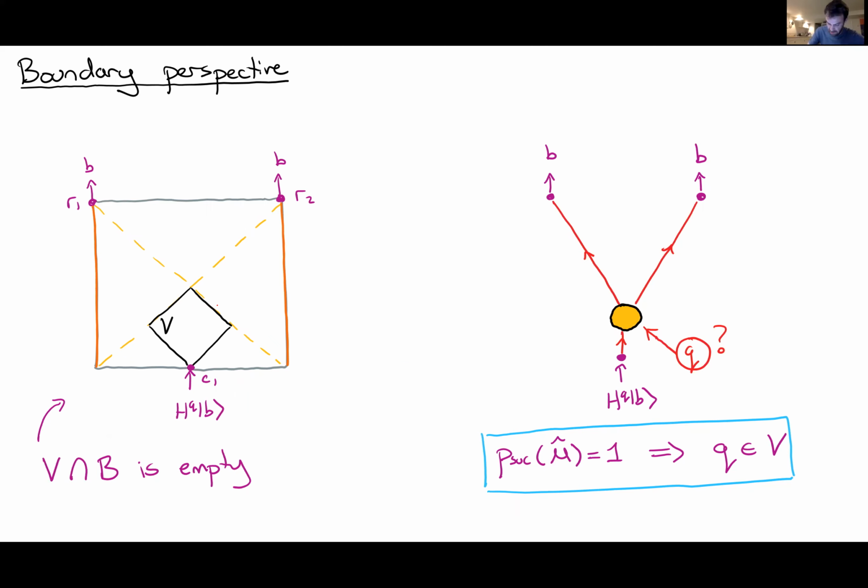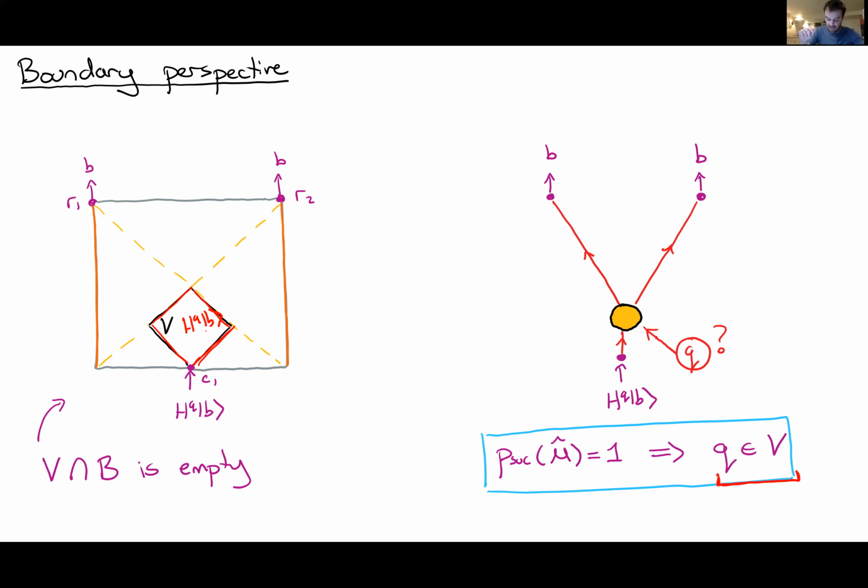And what I claim is that if the probability here is 1, then it implies that this information Q was stored in V, where V is this future of C1 and past of R1 and R2. And the intuition there is basically that, okay, in this region, you have HQB. So you in some sense have B, but you don't know which basis it's stored in.